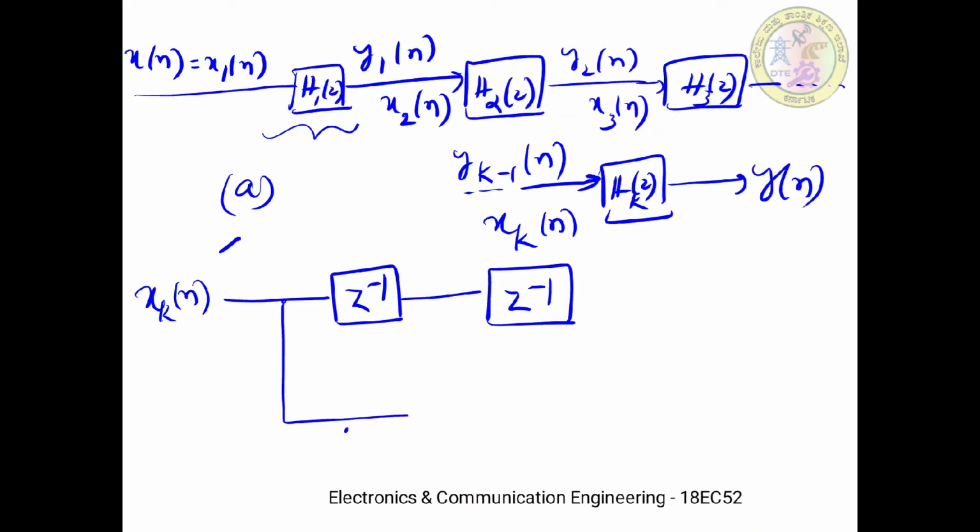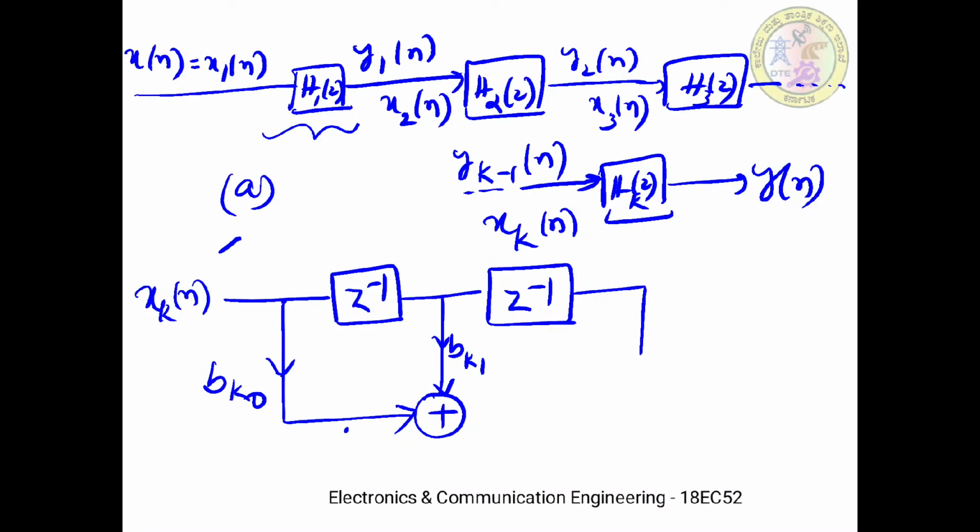Then the first coefficient is bk0, and after one delay the delayed signal is multiplied by bk1, and then one more time the signal is delayed and this will be added with the previous result.